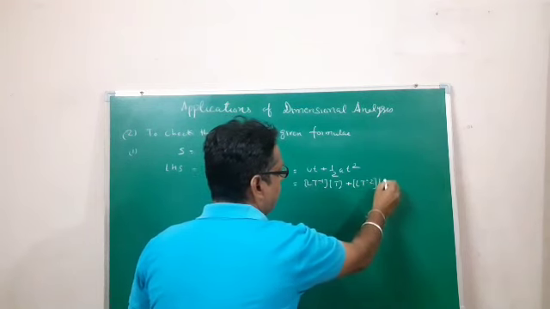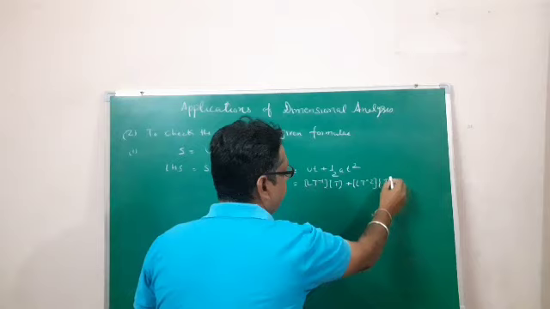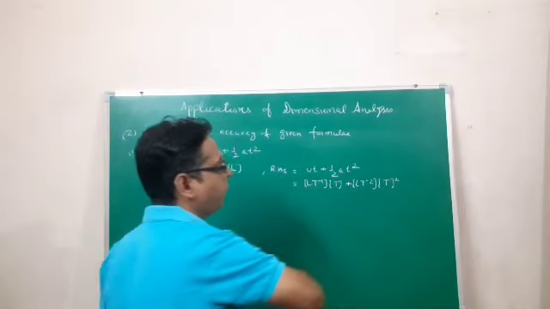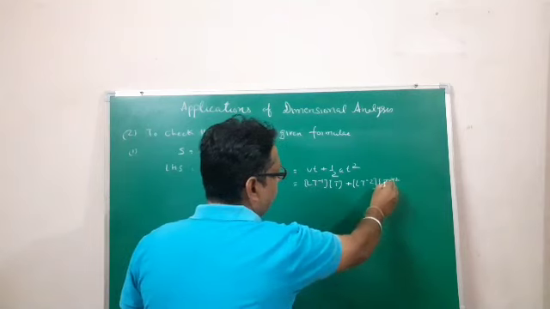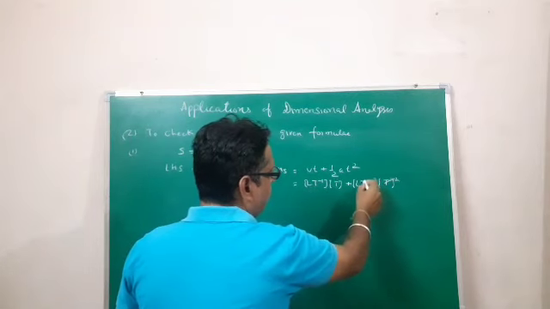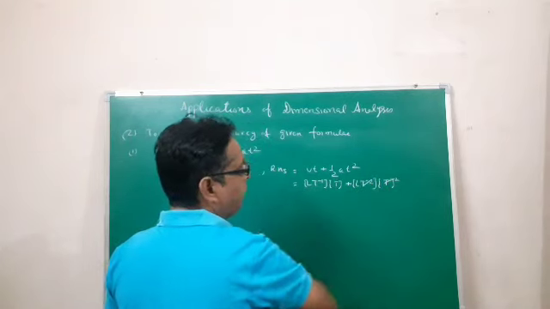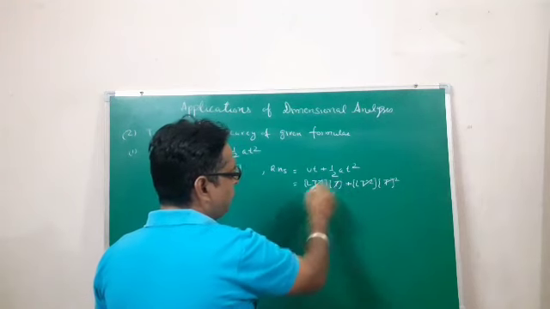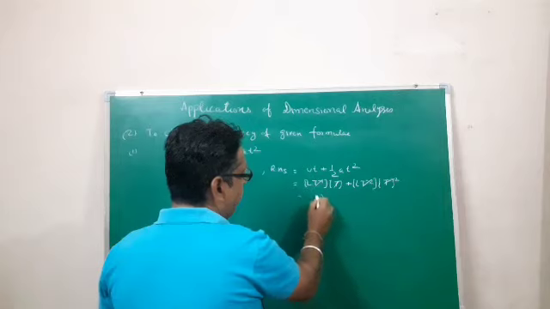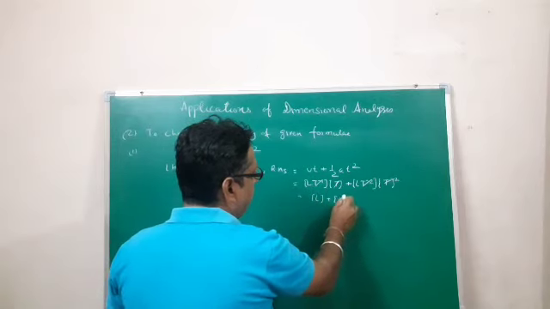And this is t squared. So just see here, this t raised to power 2 and this t raised to power minus 2 will be cancelled out, and this T minus 1 and this t cancel. So what I am left with is L, this is L.